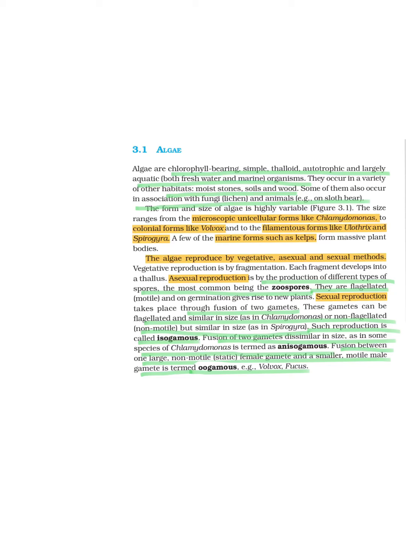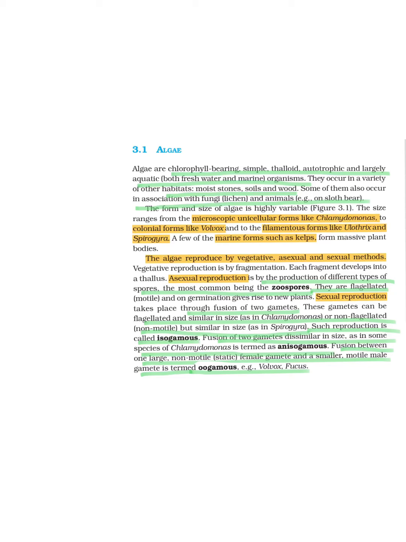Algae are basically chlorophyll-bearing plants. They have a simple structure, and their body is thalloid. Thalloid means no root, stem or leaf-like structures are observed, only a simple type of body. They are autotrophic, they can prepare their own food, and they are mostly aquatic, that means they are found either in fresh water or marine water.